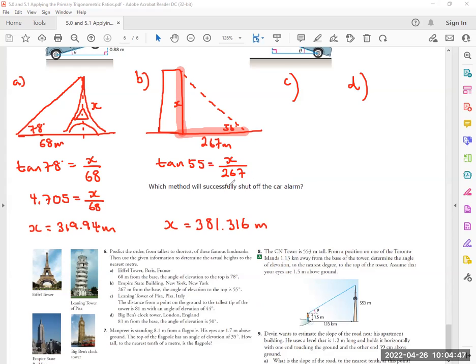How do you find it if the x is the denominator? Well, how do I know if there's an x in the fraction? Oh, I didn't actually change the fraction into a decimal. I solved tangent 55 first. So this became 1.428 equals x over 267.